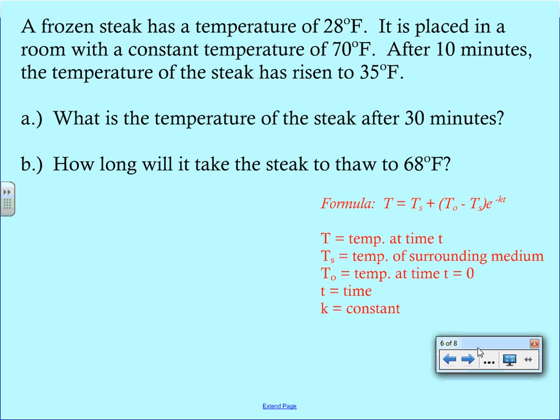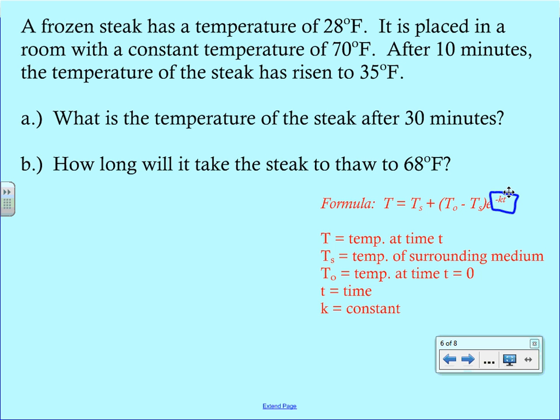Before we can do that, we need to find that constant value, that k value, or as we were referring to it yesterday, the r value, because we were working with rates. So we need to find at what rate the temperature is gaining or losing while it's sitting there.